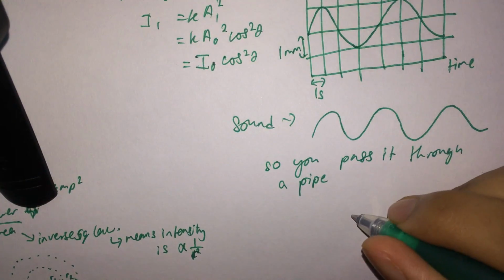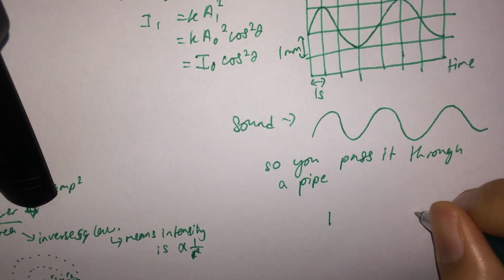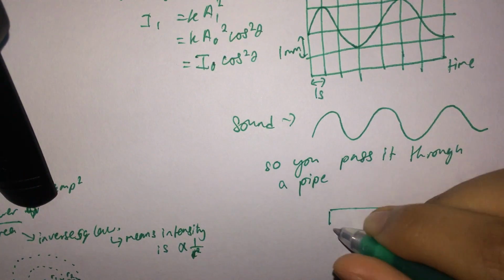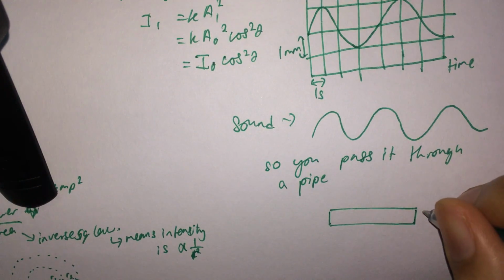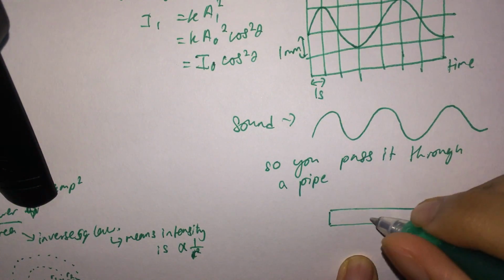So for a stationary wave, what exactly is it? As we saw in the previous episode, it is where the wave just stays in one location. It doesn't move anywhere, and there's no energy transfer whatsoever.